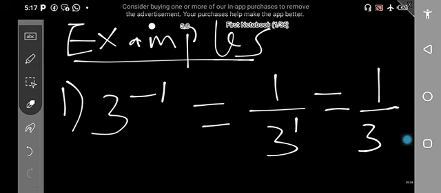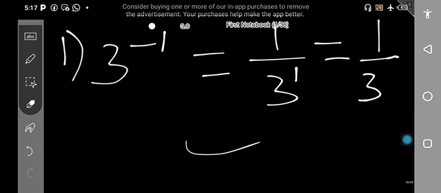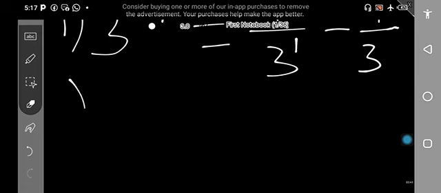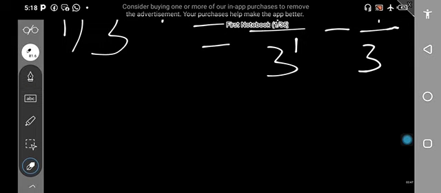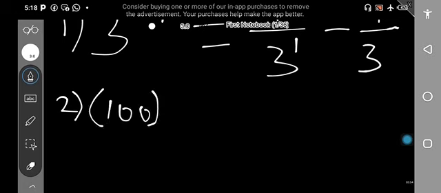Number 2. We have 100 raised to the power of minus 1. This equals 1 over 100 raised to the power of 1, and this equals 1 over 100.